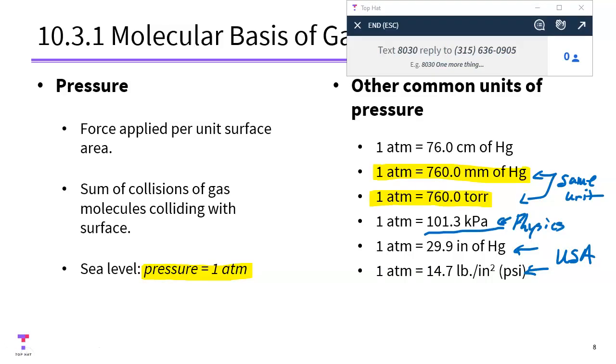All of these pressure units are equal to 1 atmosphere. So by the transitive property as well, if one is equal to the other, they're also equal to each other. So I want to turn PSI into torr. They're both equal to 1 atmosphere, so I can make them equal to each other. 760 torr is equal to 14.7 PSI.